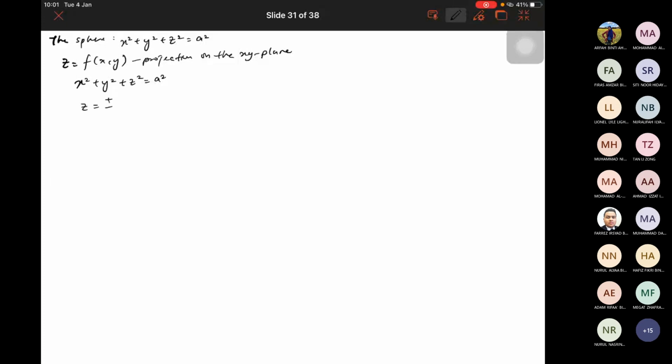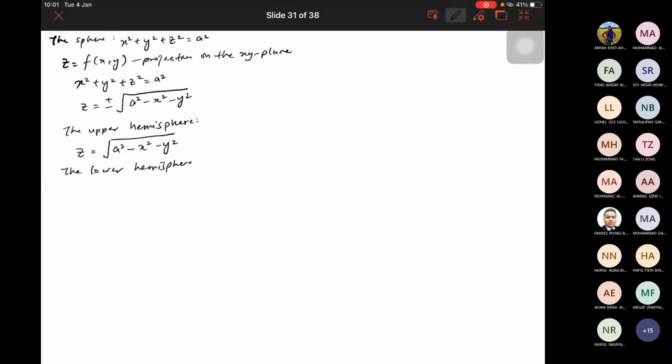So z will equal plus or minus the square root of a squared minus x squared minus y squared. So the upper hemisphere will become z equal to the square root of a squared minus x squared minus y squared.